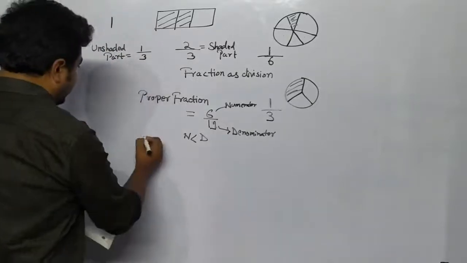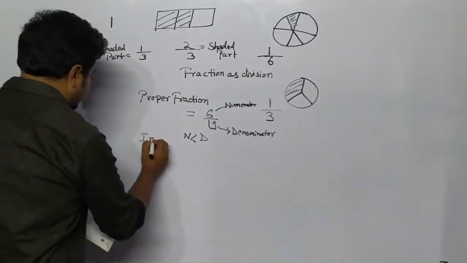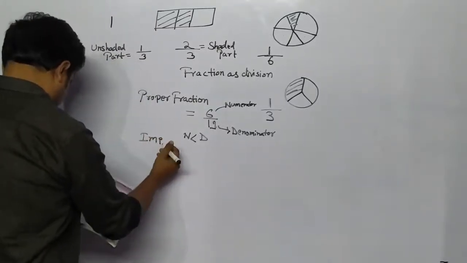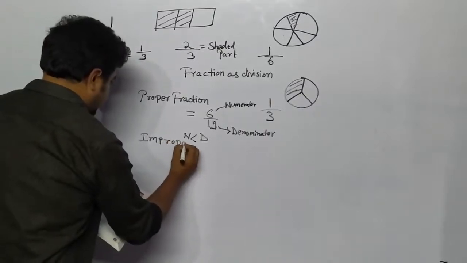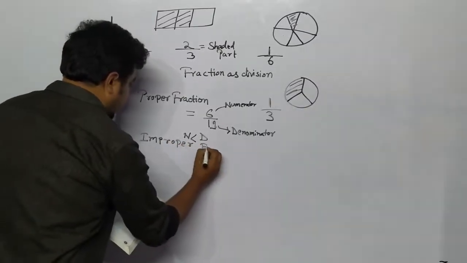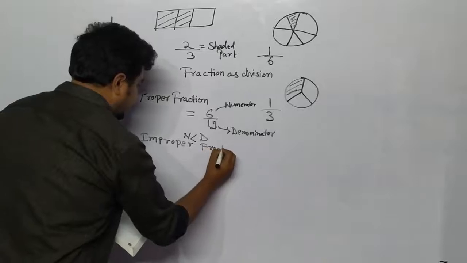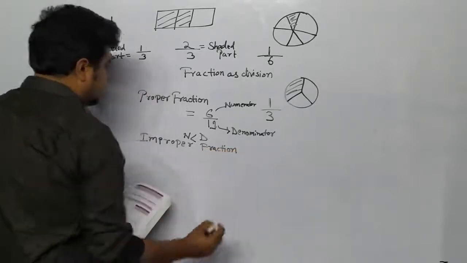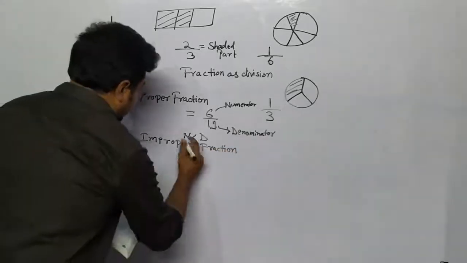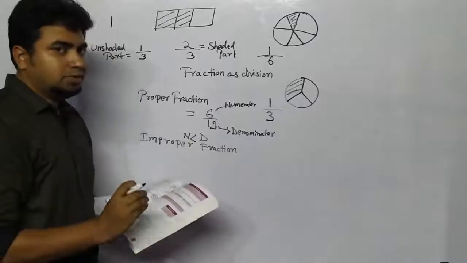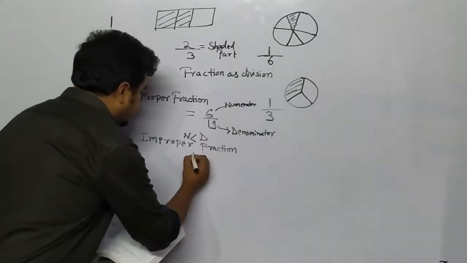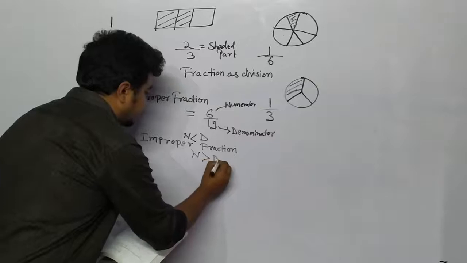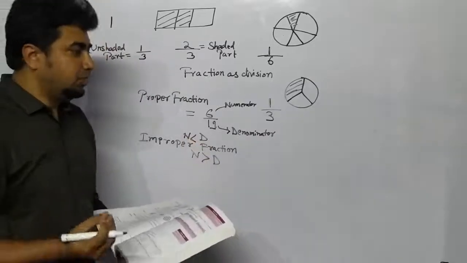Now the improper fraction. Improper fraction is basically just the opposite of the proper fraction. Proper fraction is when numerator is less than denominator, means when numerator is greater than denominator, that is an improper fraction.